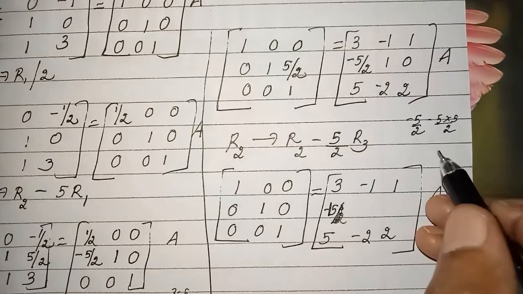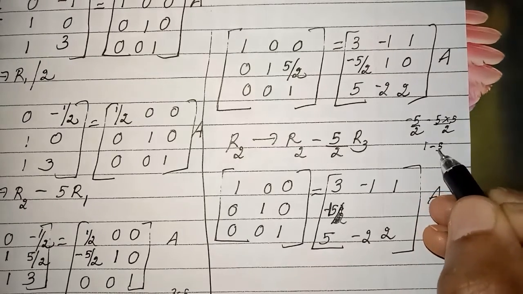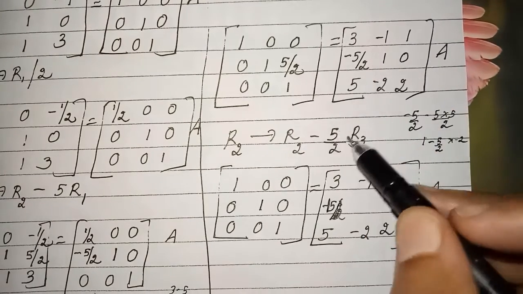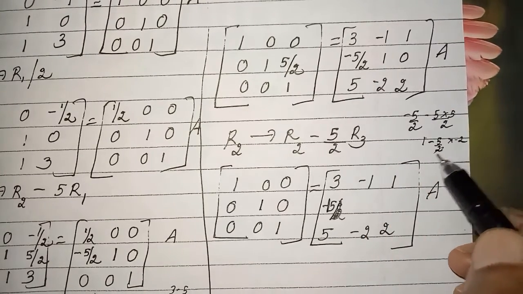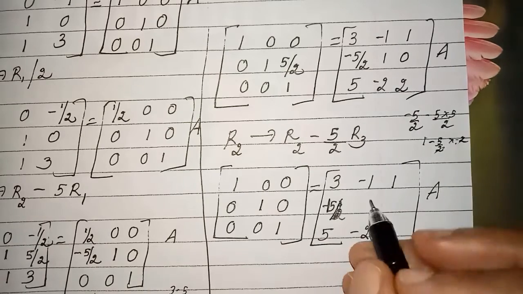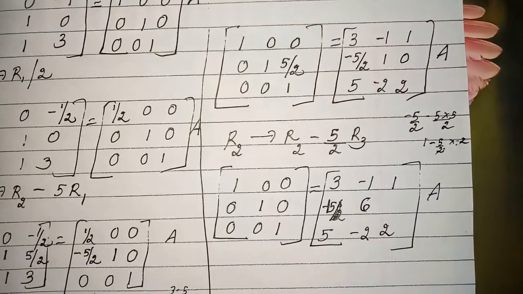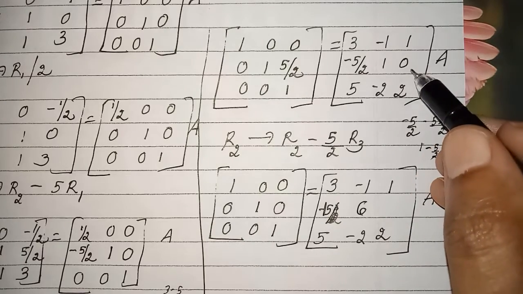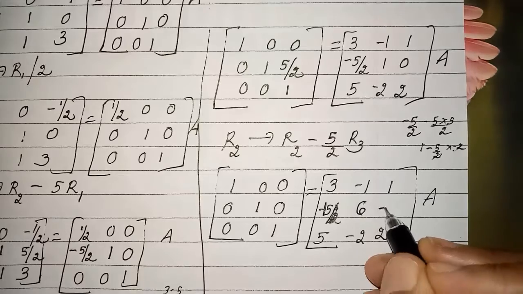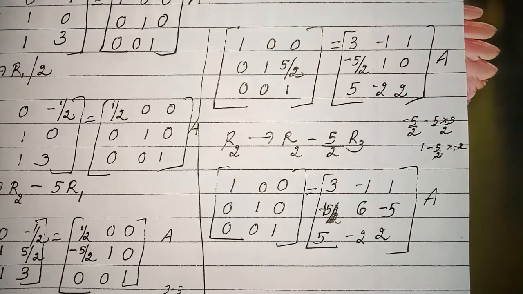Here you have 1 minus 5 by 2 into minus 2. 2 and 2 will get cancelled. So 1 plus 5, right? 1 plus 5 is 6. Okay. Now here 0 minus 5 by 2 into 2. So 2 will get cancelled. This will be your answer, minus 5.